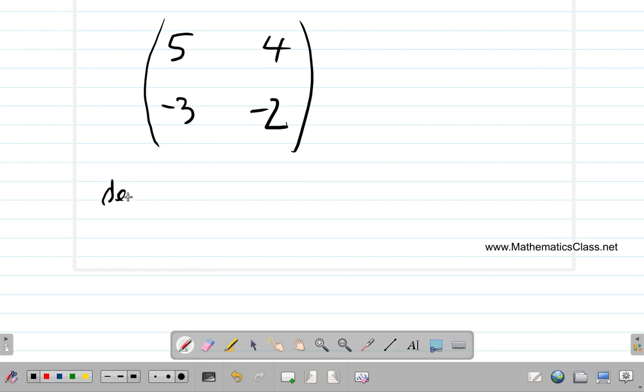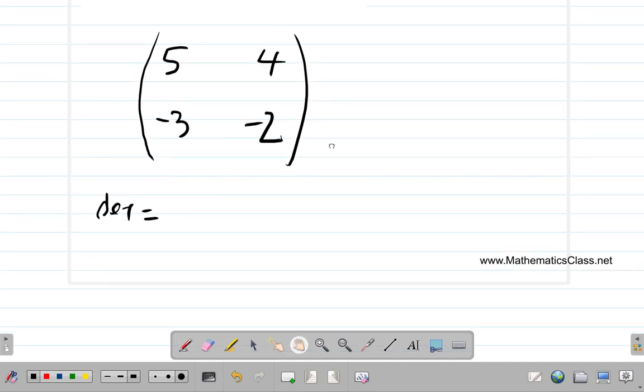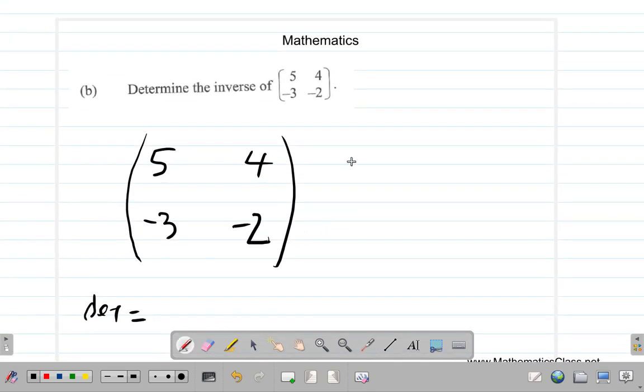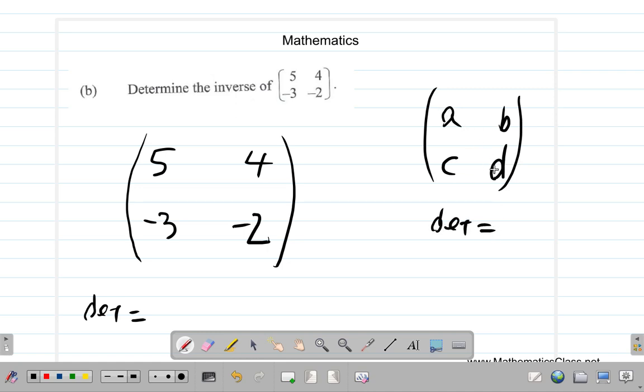The determinant, you have to remember, if you have A, B, C, D as our matrix, is found by multiplying the leading diagonal, the elements in the diagonal.